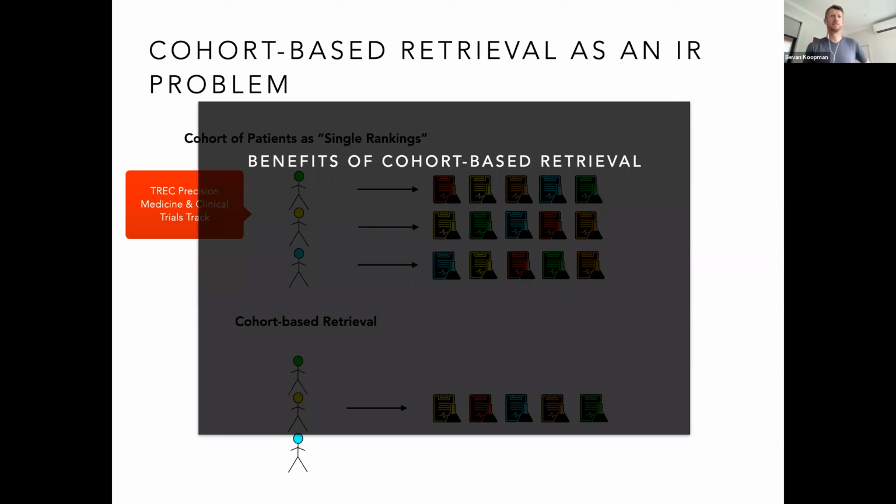And there are a number of benefits to this cohort-based approach to the problem. Firstly, to the patient, right? If you're able to enroll those patients into trials that you couldn't before, they now have access to the newest treatments, and in the cancer space, they can actually get access to life-saving treatments.